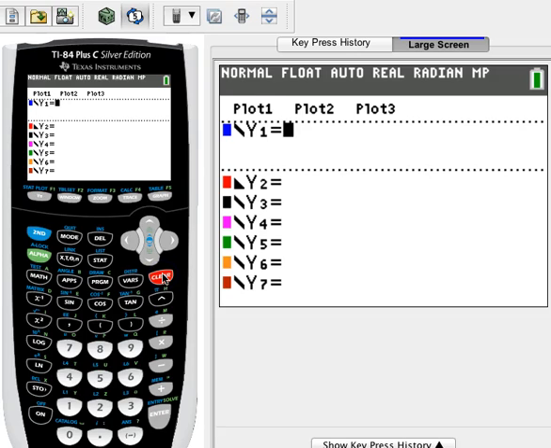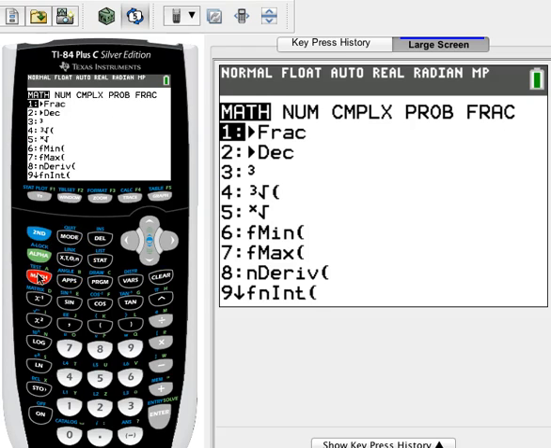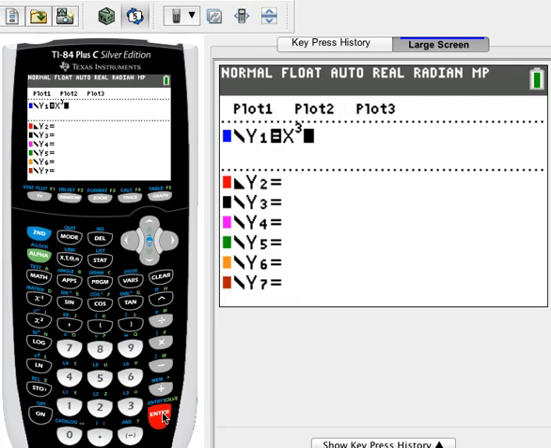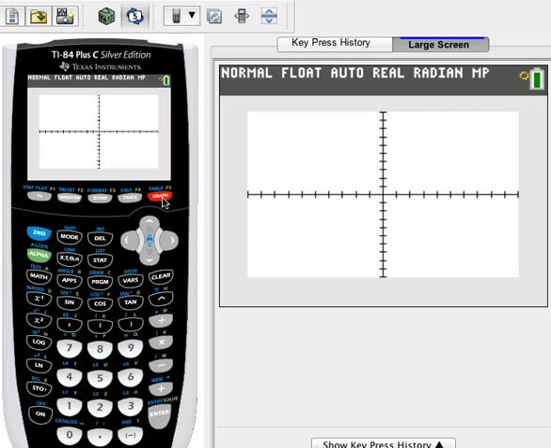I want to type in x cubed. So x and then cubed is actually in the math function, all right? So that's how you get to the cubed. So x cubed plus x squared minus 6x. So I type it in, then I'm going to go to the graph.